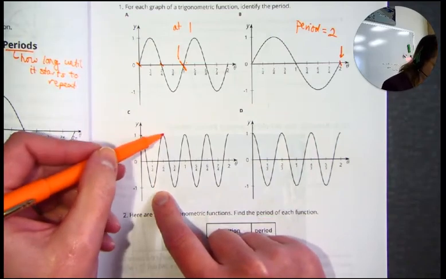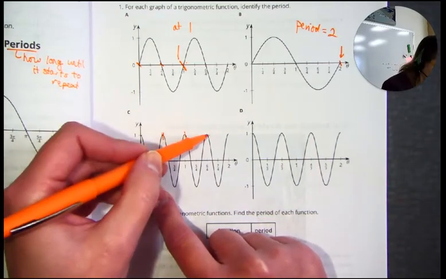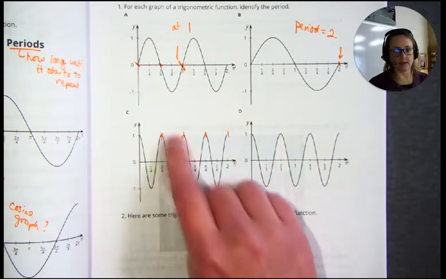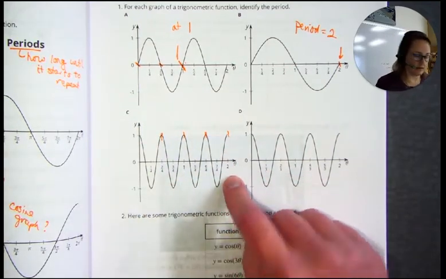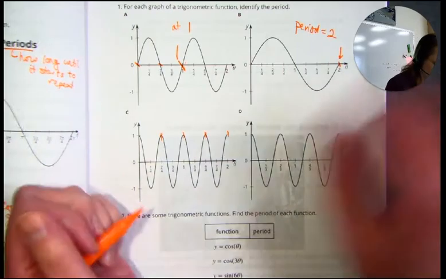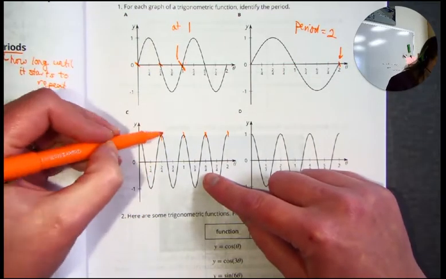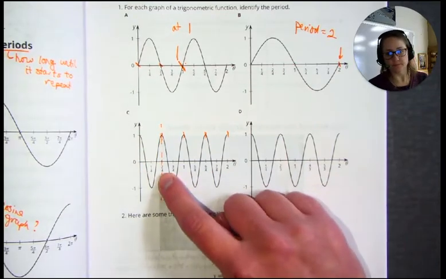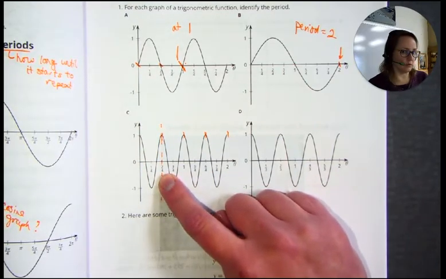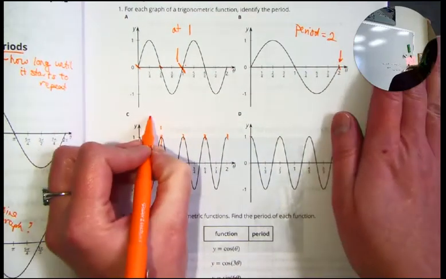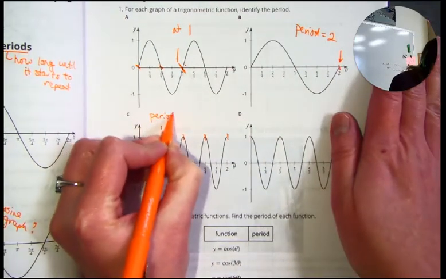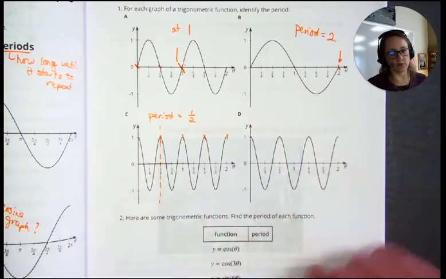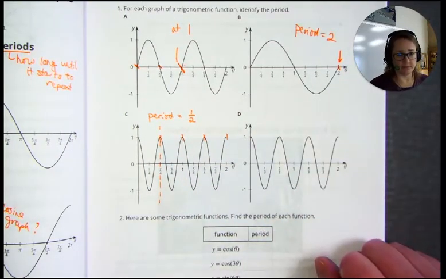Let's see, 1 cycle, 2 cycles, 3 cycles, 4 cycles in 2 by the time it gets here. Okay, so 1 cycle, the place where it's starting to repeat, would be right here at 2 over 4, or 1/2. Okay, so here the period equals 1/2, or 2/4 if you wanted to keep it in fourths.